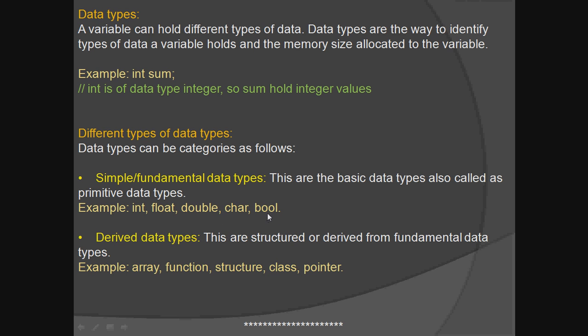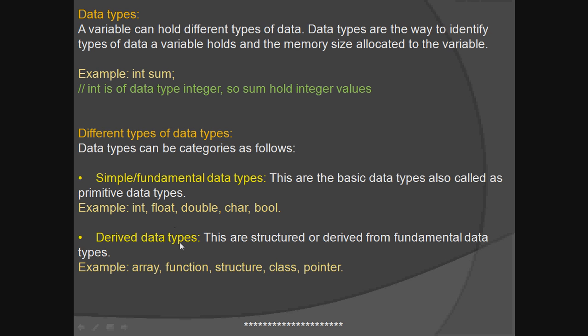Bool stands for boolean, which means it evaluates to only two answers, true or false, which we have already seen in the previous unit. Int is for integer values, float stands for decimal point values, double also stands for decimal point values, and char stands for character, for which the compiler allocates 1 byte of memory. Then 2 bytes, 4 bytes, like that.